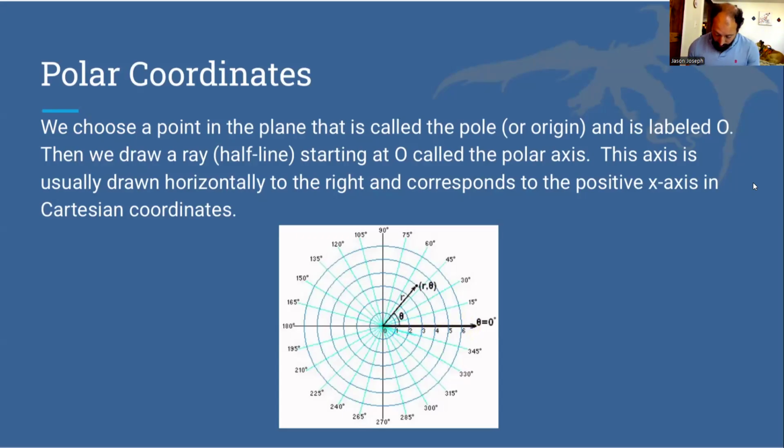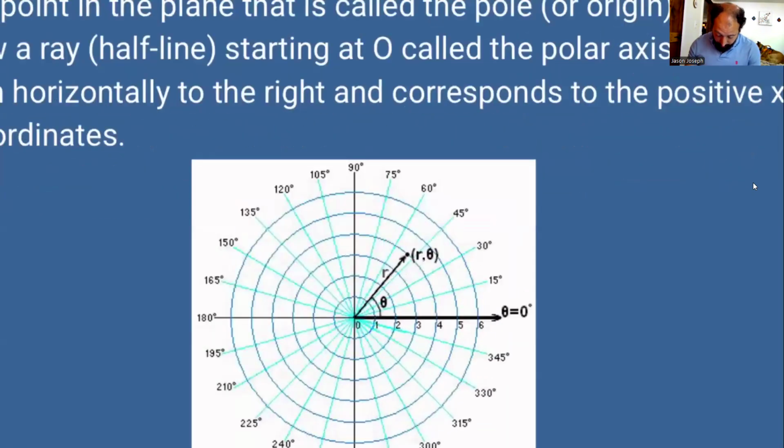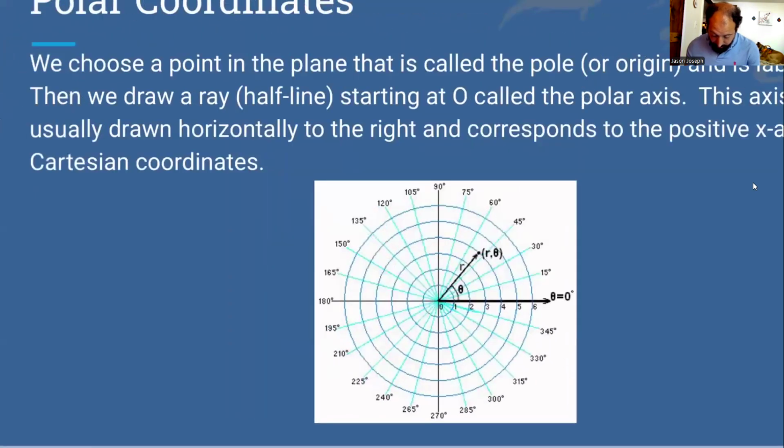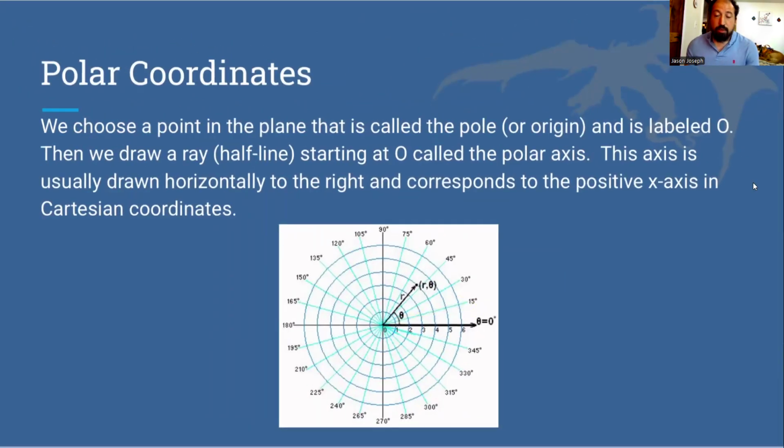The other angles are all represented by a ray coming out of the origin, and a particular point in polar coordinates has a radius and also an angle associated with it. Of course, any point can be written this way.